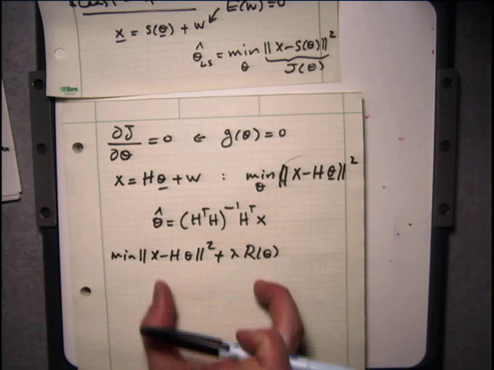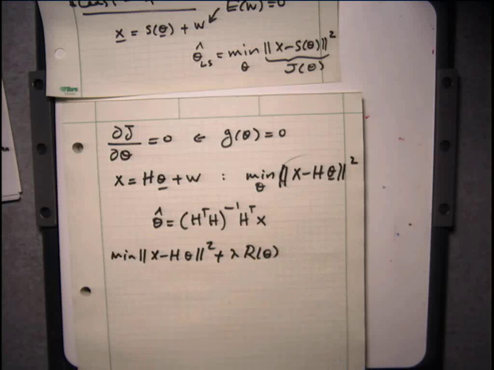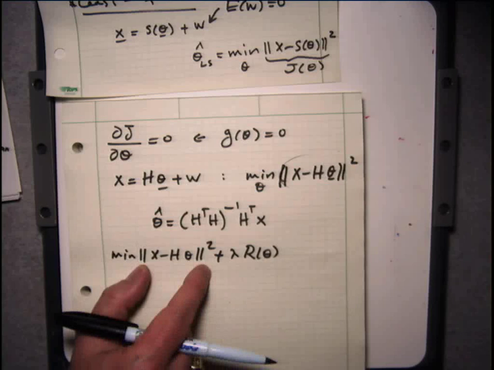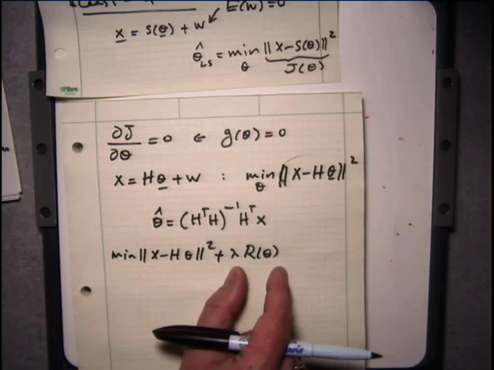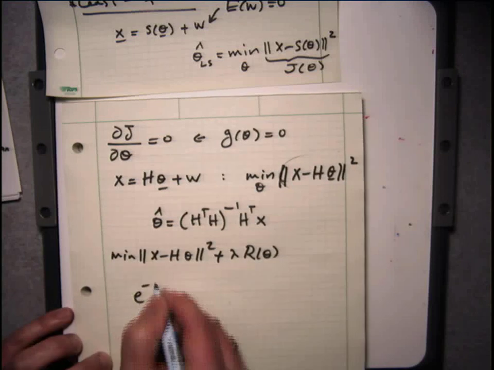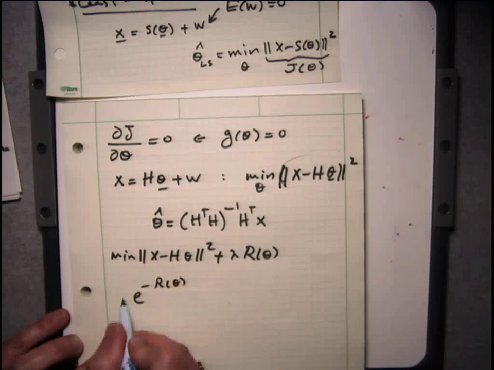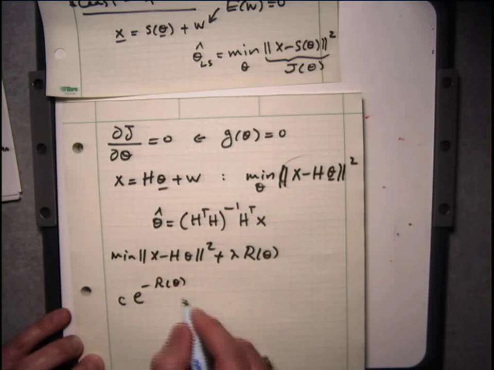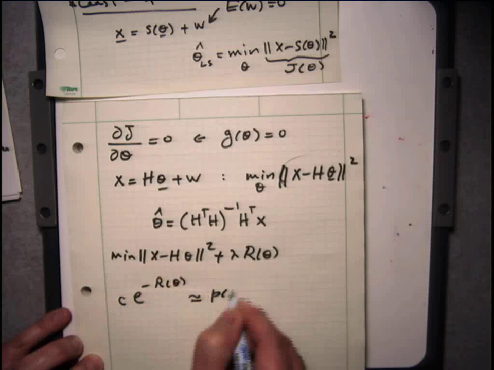And we talked about how this has exactly the interpretation of maximum a posteriori, where this is the data term. If the noise is Gaussian, it's exactly the same as maximum likelihood. And this has the interpretation of a prior distribution on theta, which has the form e to the minus r of theta with some normalization coefficient in front of it. So this is basically a prior distribution.